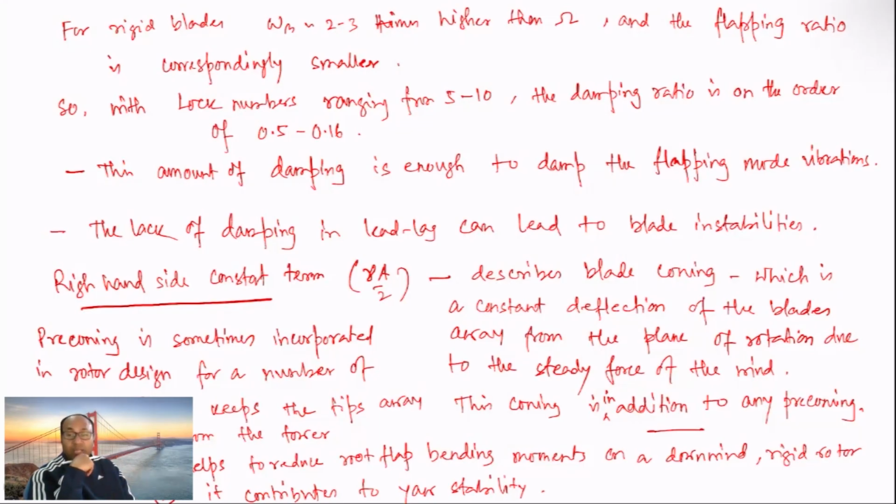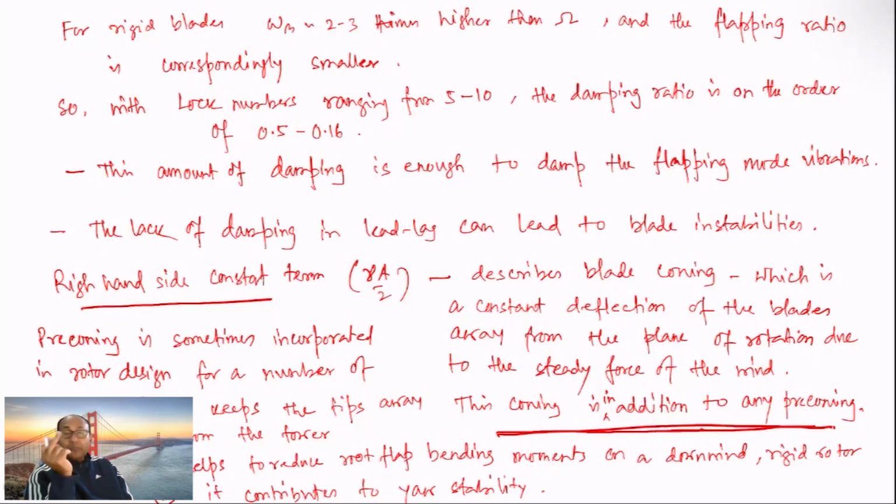But this coning term that is in the equation is in addition to any pre-coning. So why is pre-coning done? It is sometimes incorporated in the design procedure of the rotor because it helps in numerous ways.